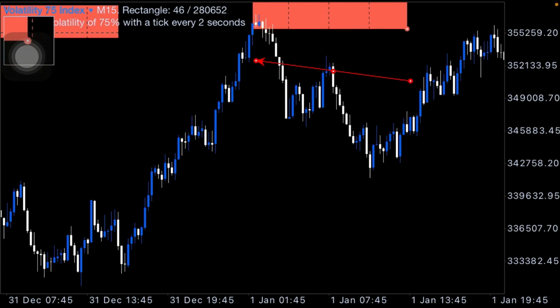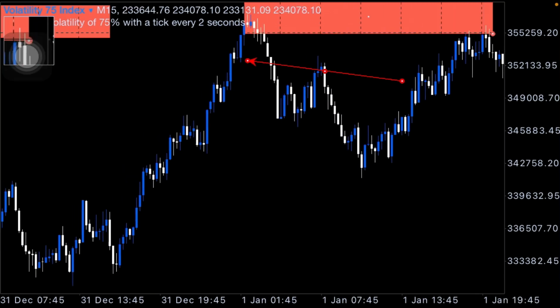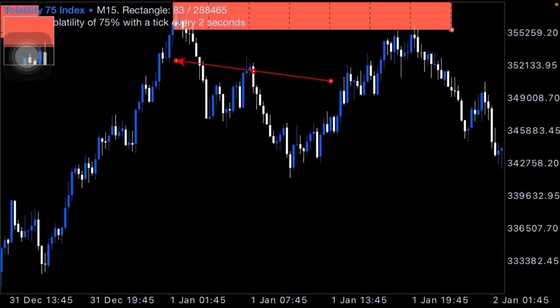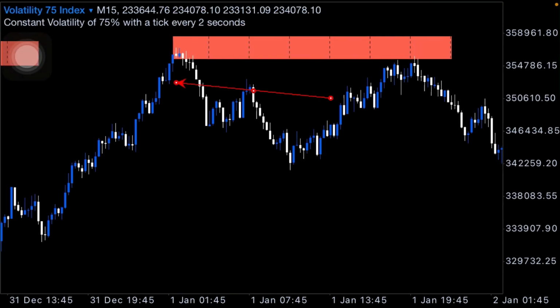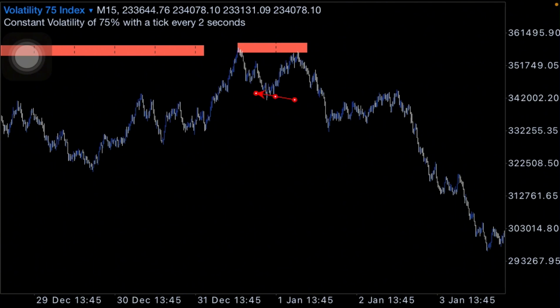So I just place my pending order at this place. Okay, let me extend it. Then my stop loss will come above it somewhere here, some pips above this.